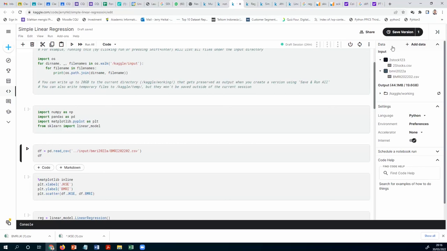And then how to copy paste into my Kaggle? Just click copy and edit. It will be in your Kaggle. Has it happened now? Not yet? Okay, cool.